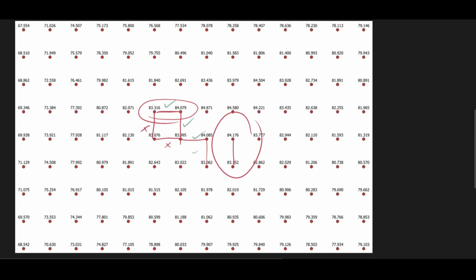The ground distance here is 20, right? And from this 83.152 point, if we go 16 meters in this direction, then this is the location of our contour line with an elevation of 84 between these 2 points.